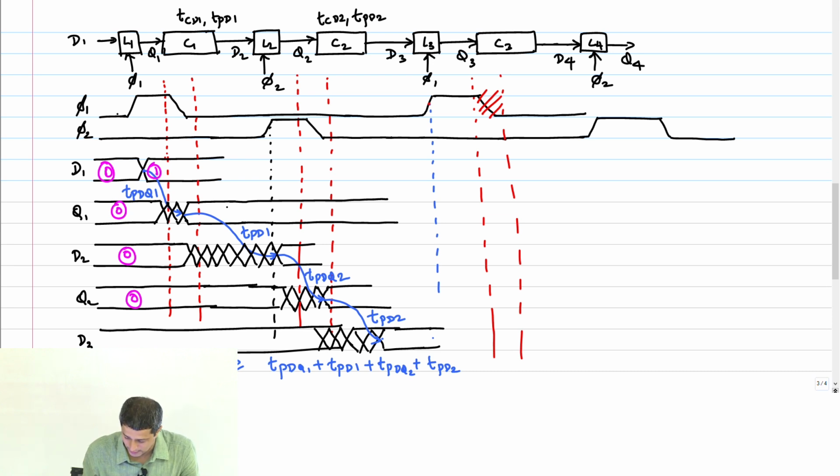This is Q1, so it has to hold event 1. That's the aim. Then combinational block C1, L2, C2 will operate correctly. At what point can D1 change so that Q1 continues to hold event 1? After the hold time window. So now let's assume that my D1 changed here. It doesn't matter.